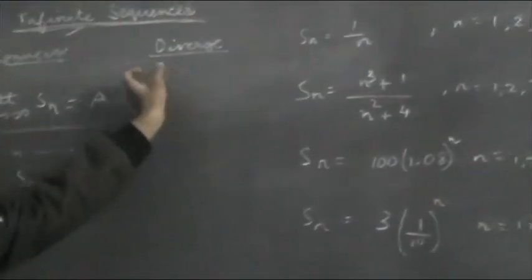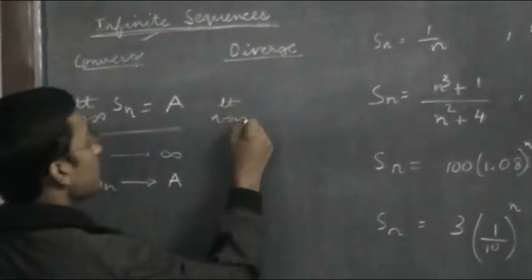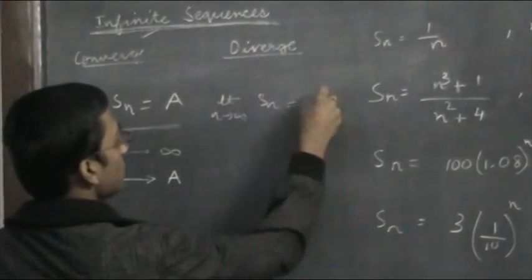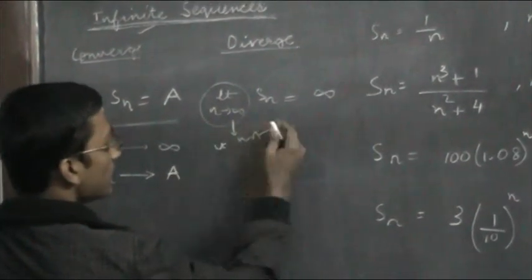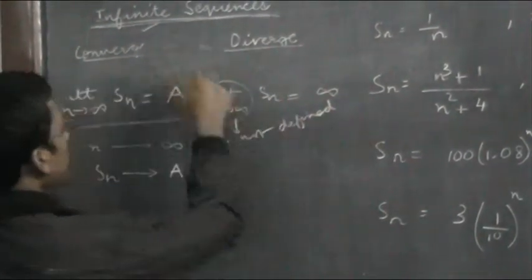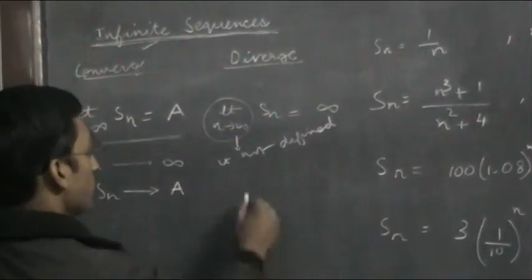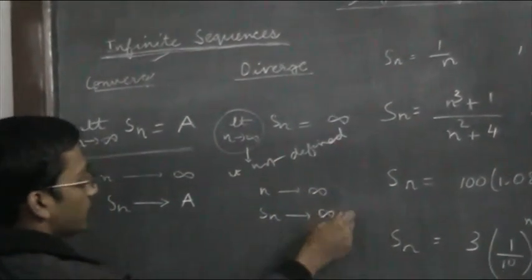Now, when is the sequence said to diverge? When limit n tends to infinity, Sn is infinity, basically when this limit is not defined. When the limit is not defined, then we say that the infinite sequence diverges. So n is tending to infinity, Sn is also tending to infinity.